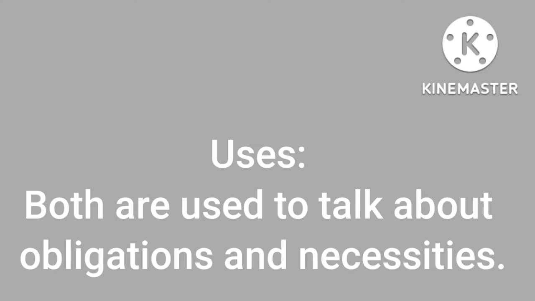I have to write a letter. She has to sing a song. Just after a few seconds we have to do something. So in this case we mostly prefer to use have to or has to. But as far as their uses are concerned, we can say that has to and have to both can be used in case of obligation and necessities.